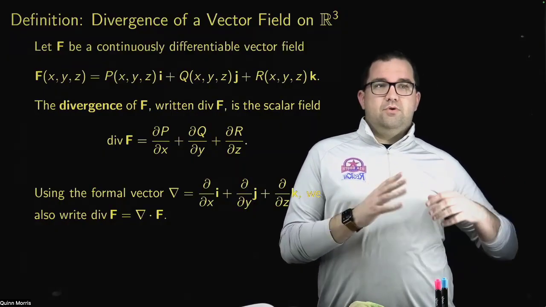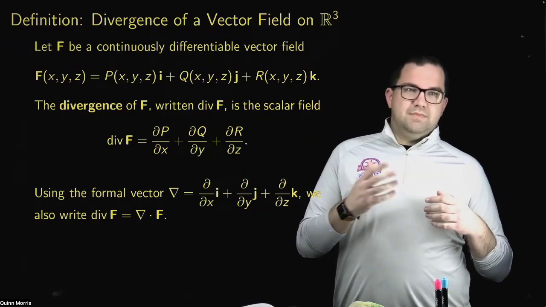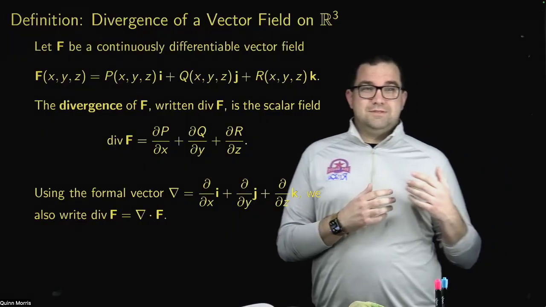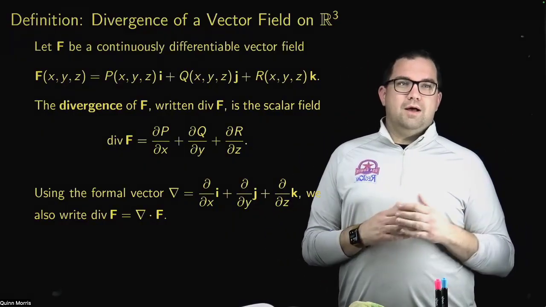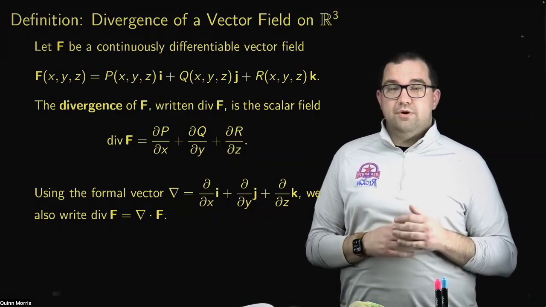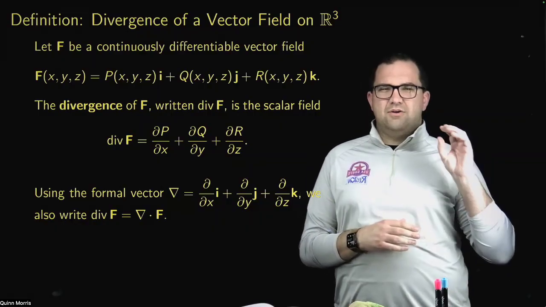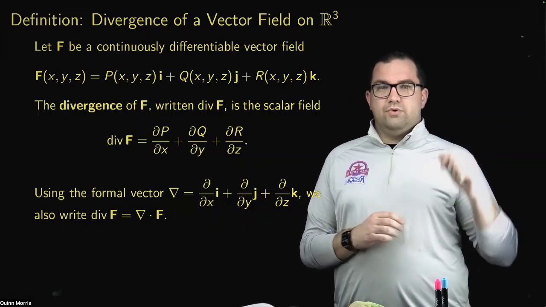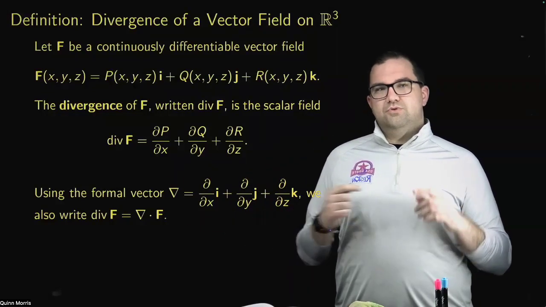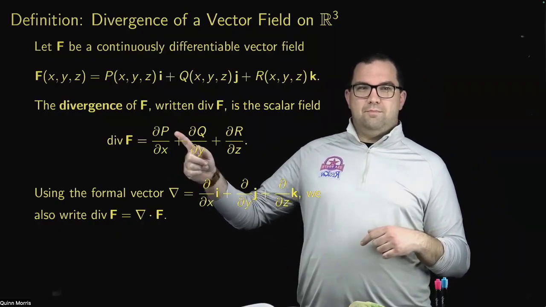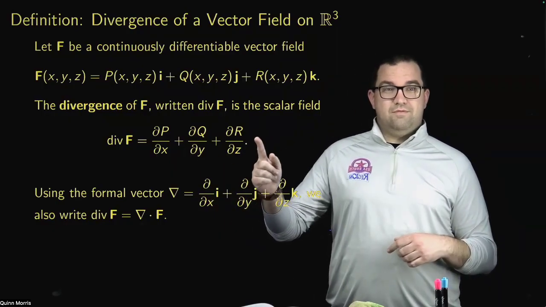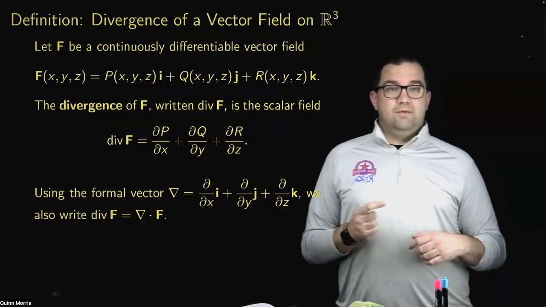Now, it's worth noting that there are ways of generalizing this notion, and occasionally we offer what's often referred to as Calc 4, which is a manifold theory type course. You would discuss this in greater depth. But it's not immediately obvious how to generalize curl beyond R3. Divergence, however, yes, I have it written in this form, but you notice that language I used of derivative of the first component with respect to the first variable, derivative of the second component with respect to the second variable, derivative of the third component with respect to the third variable.